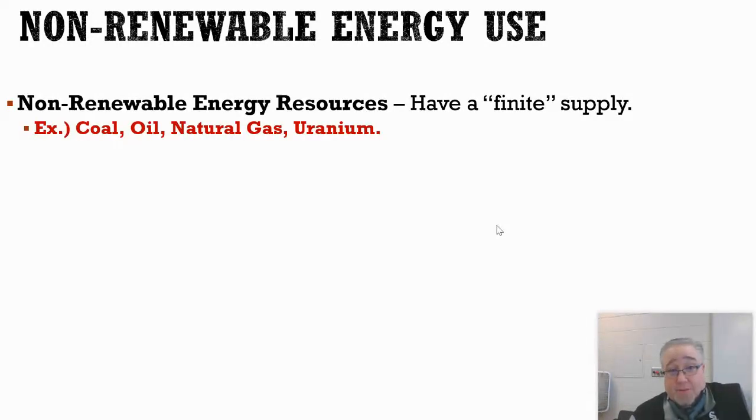Some good examples are things like coal, oil, natural gas, uranium. These are all things that we have to either mine for or drill for, but we don't have a lot of them. Also, we've been drilling and mining for this stuff for a really long time. So the chances of us running out of these supplies are getting pretty serious.